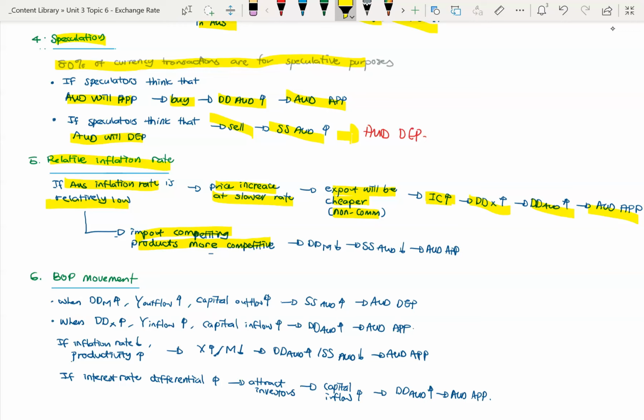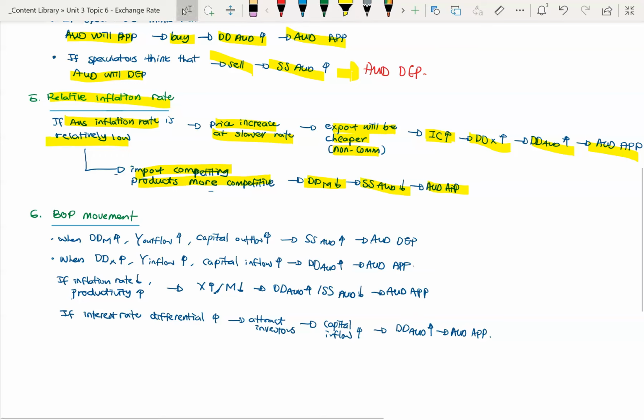So if your inflation rate is lower, your import competing product will be cheaper, so it will be more competitive. Then demand for import definitely will fall. If the product is similar, locally I can get it cheaper, why import? So demand for import lower, import spending will fall, causes supply of AUD to fall, hence AUD appreciates.